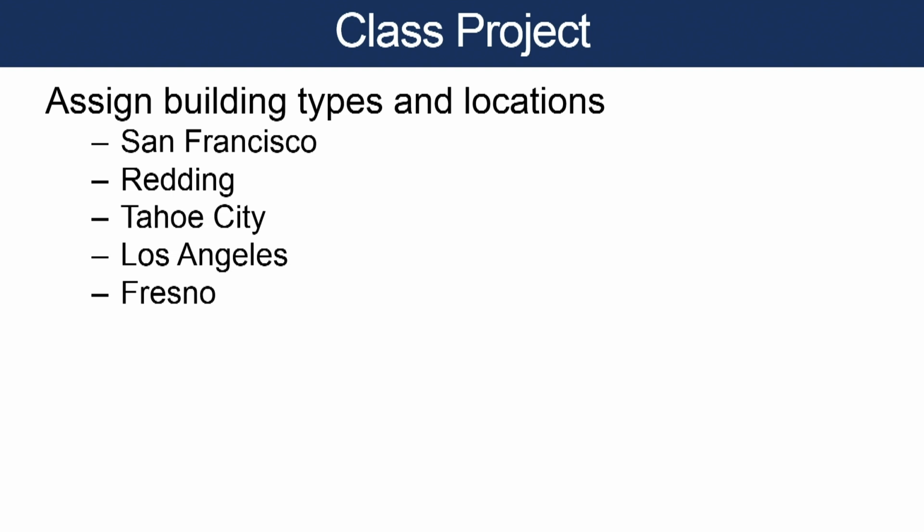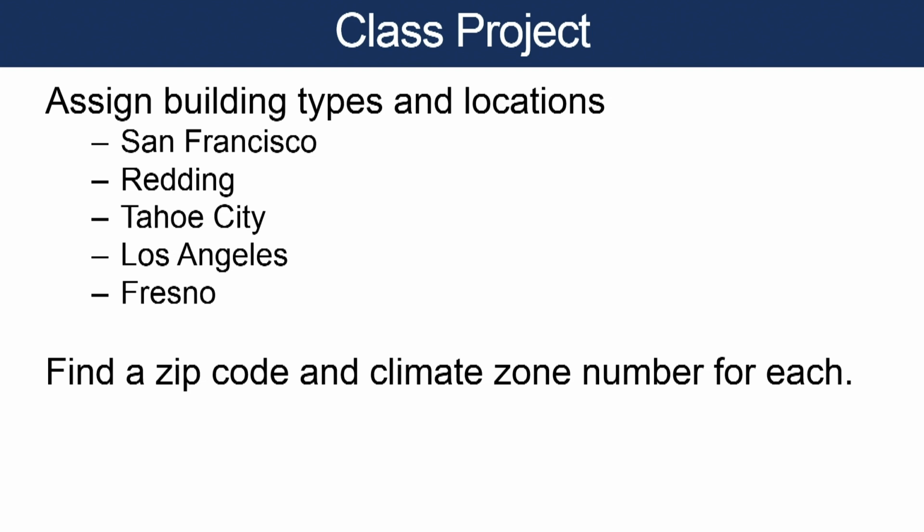All right. So look them up, and now find a zip code and a climate zone number for each. Just a zip code in the general area and what climate zone they're in. Write those down. I mean, again, Google is your friend, right? You guys know how to work the web better than we do.